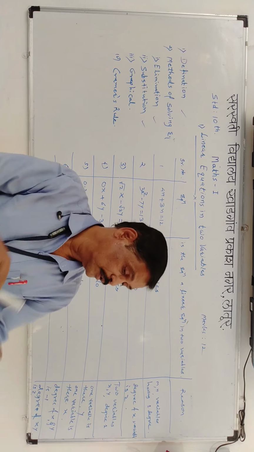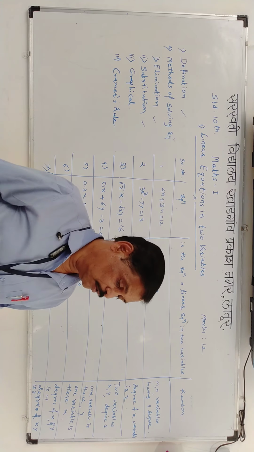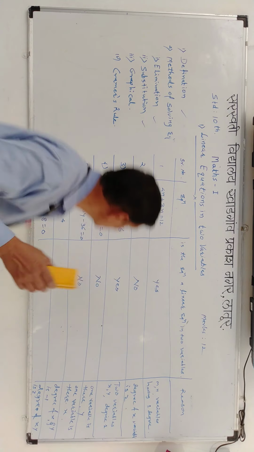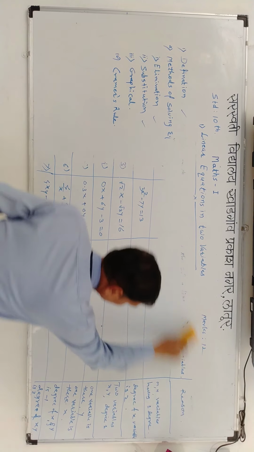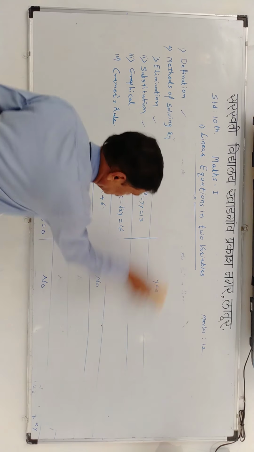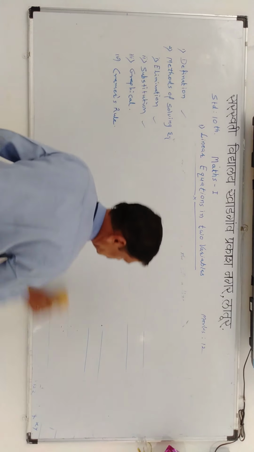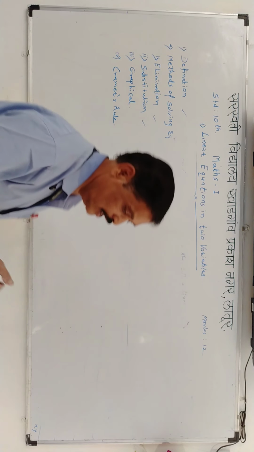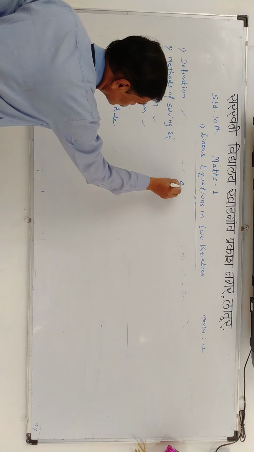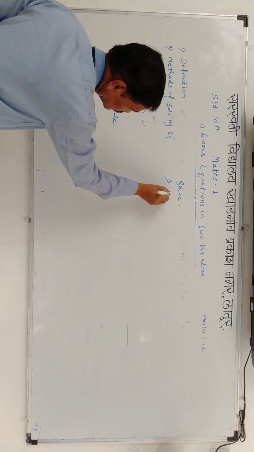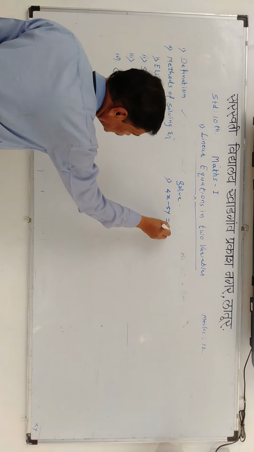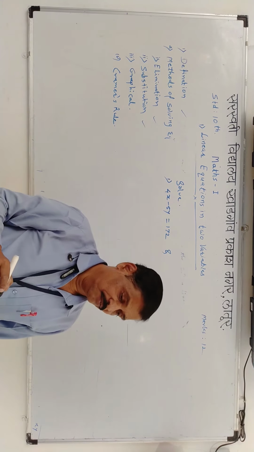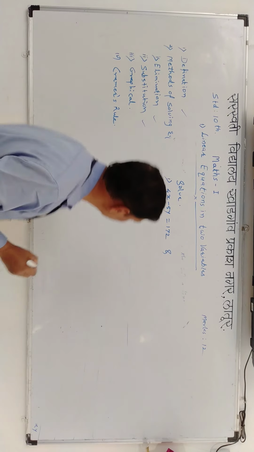Now firstly solve 4x minus 5y is equal to 172, and another equation is 5x minus 4y is equal to 251.